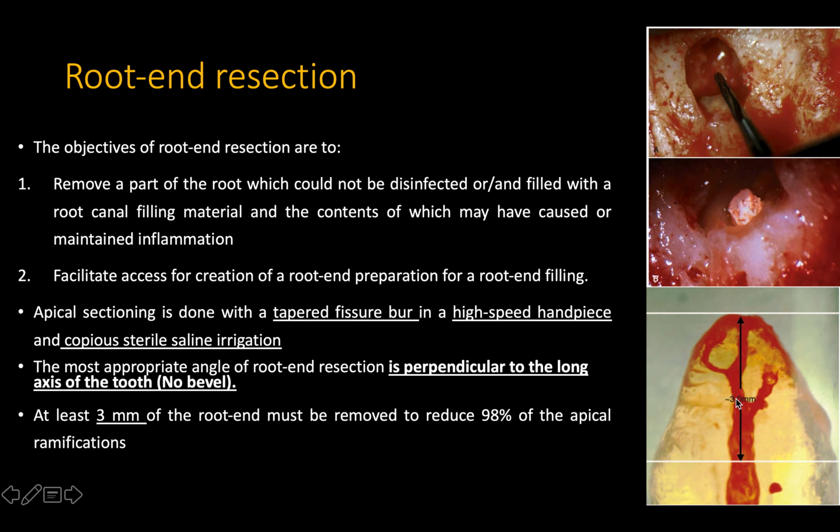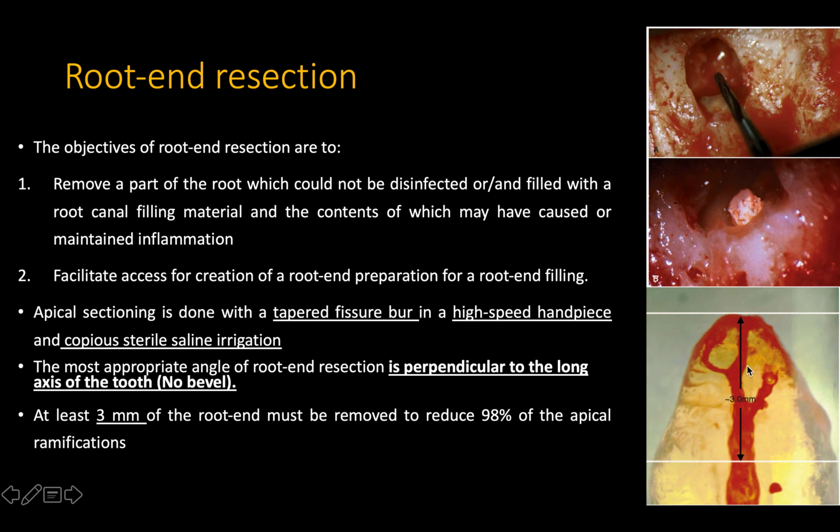So if you cut 3 millimeters from the root end, this should eliminate over 98% of the apical ramifications that are difficult to clean, and they may be responsible for the failure of the non-surgical treatment. So we cut 3 millimeters from the root apex.